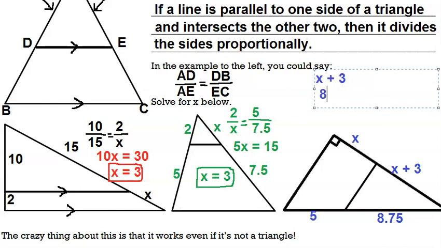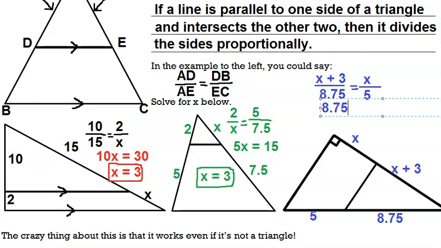So x plus 3 over 8.75 equals x over 5. Same idea. All right, now if you cross multiply, 8.75 times x is 8.75x.